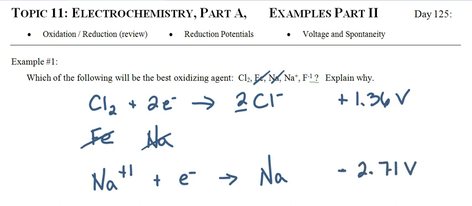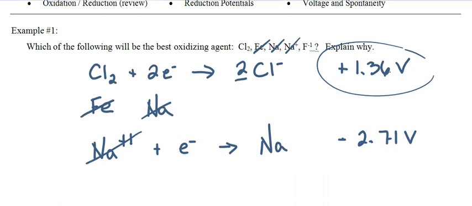Based on the previous video, we showed the equation where delta G equals -nFE. If we have a negative voltage and a negative sign to start with, that's going to cause delta G to have a positive value. For delta G to have a negative value, we have to have a positive voltage. So sodium ions are not a very good oxidizing agent because they produce a negative voltage, and we want to rule that out.